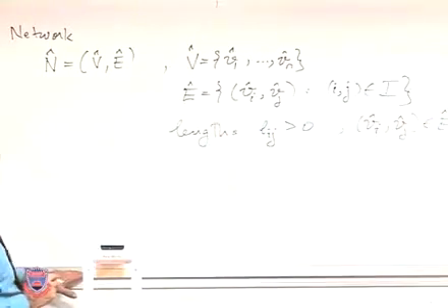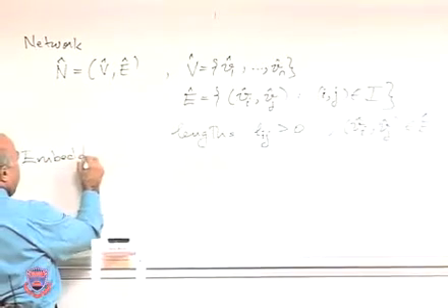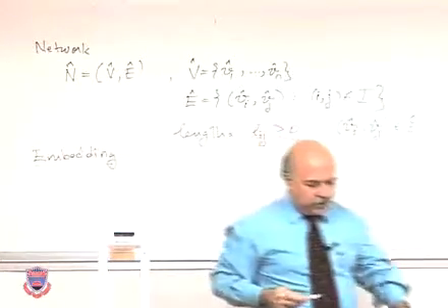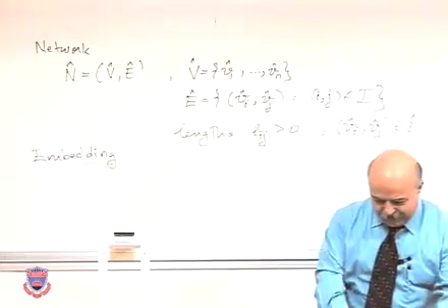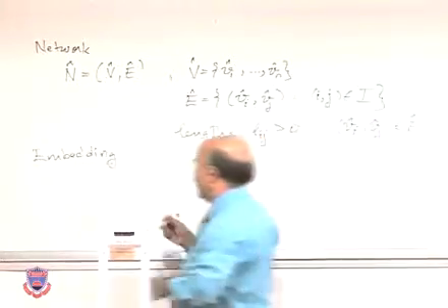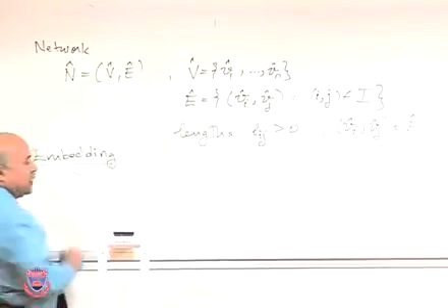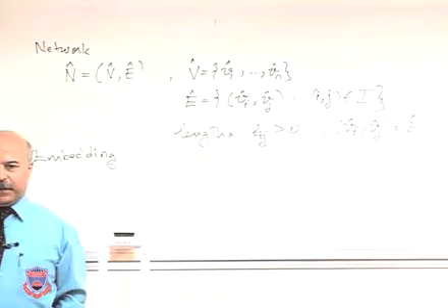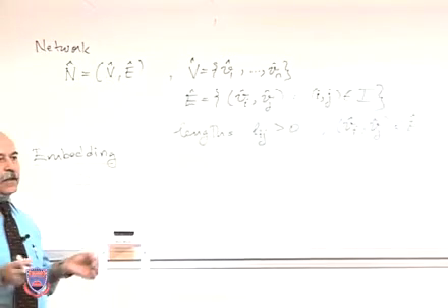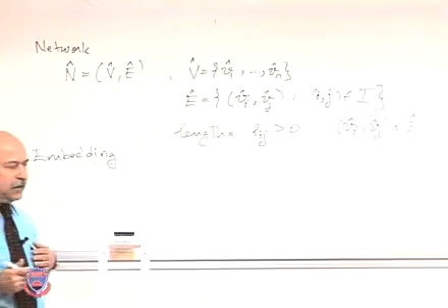Given this information, we talked about the embedding of this. In the embedding, we need a space S in which we embed the network. The whole point of embedding is to speak of interior points of edges, because we want that to be a meaningful concept.